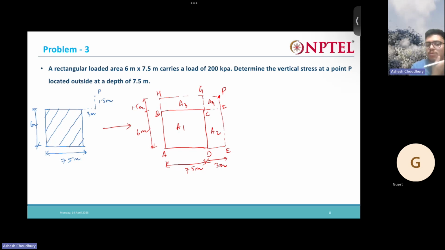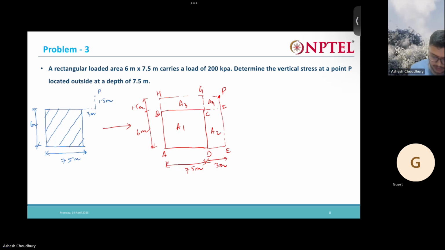All right. Now, if you want to find out here, we can find the K value. So our pressure is K times the vertical pressure, right?